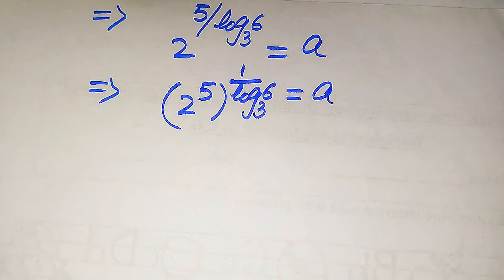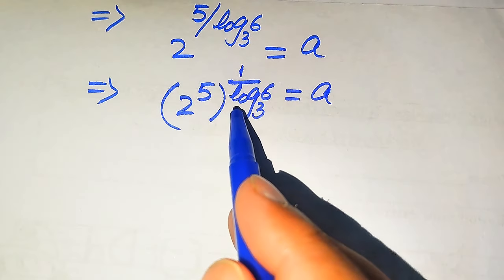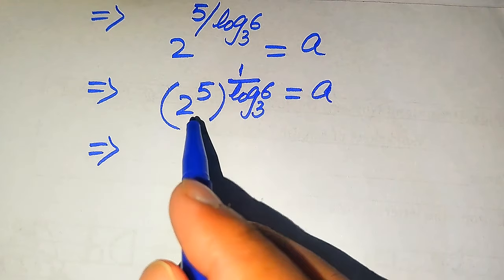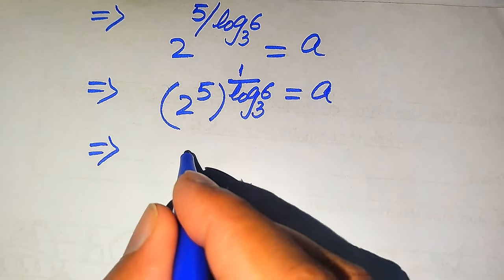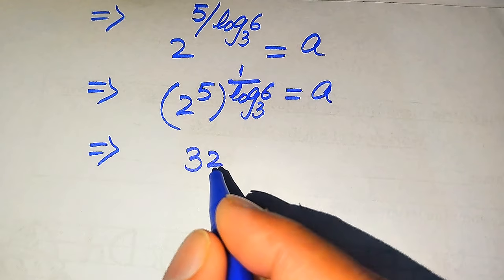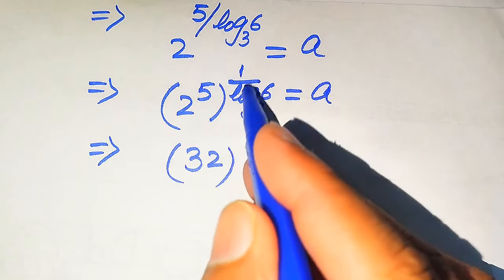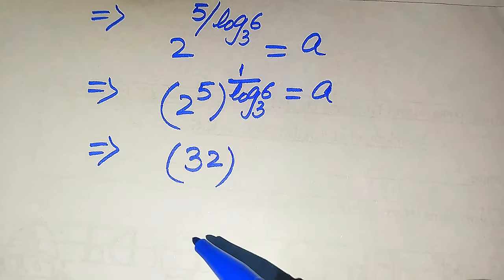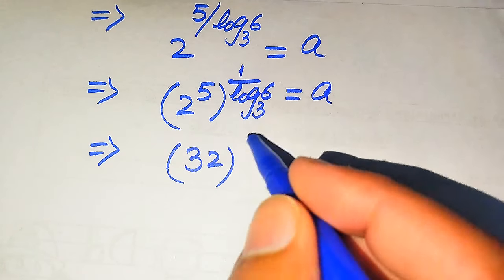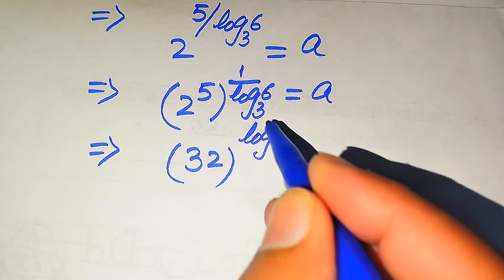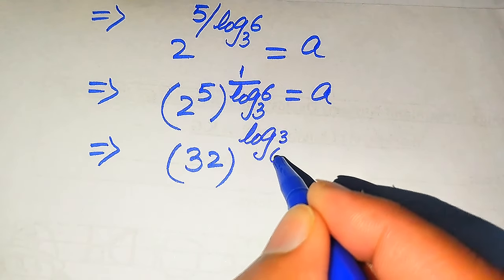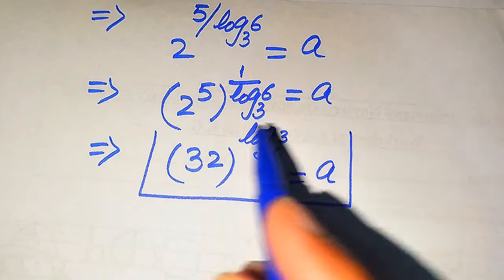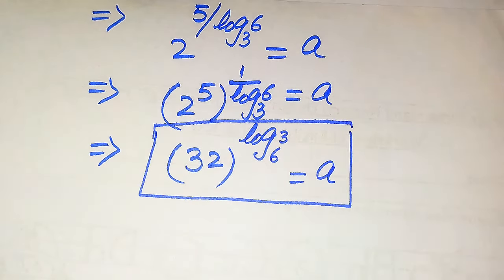Further, in the next step, when we remove this fraction, first we write 2 to the power of 5 is equal to 32, and its exponent is 1 over log 3 to the power of 6. When we remove this fraction, these two terms are interchanged. So we write it as log of 3 with base 6 is equal to a. This is the final value of a which we get in this method.